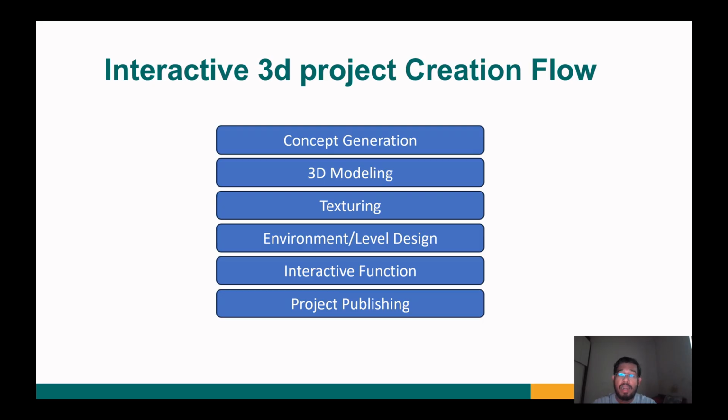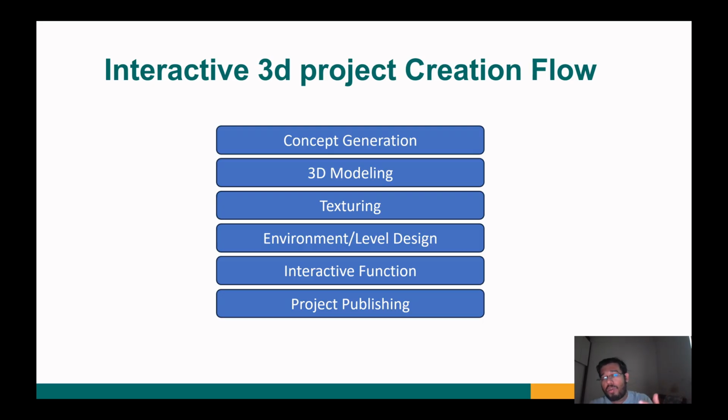And then finally, after everything is done, comes project publishing. You publish on a platform, whether standalone, installed on a PC or laptop, or web based. So that is the publishing process.